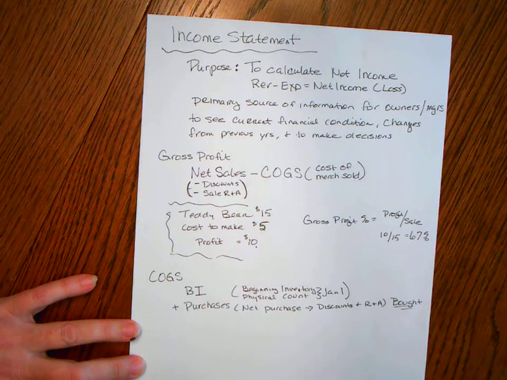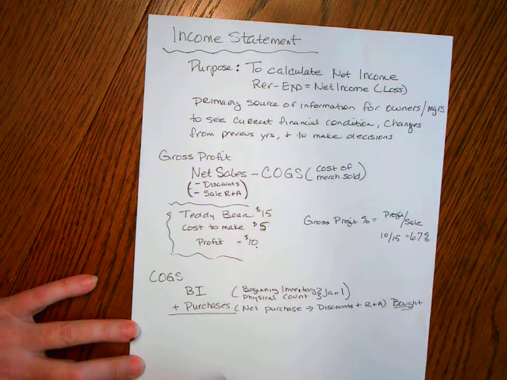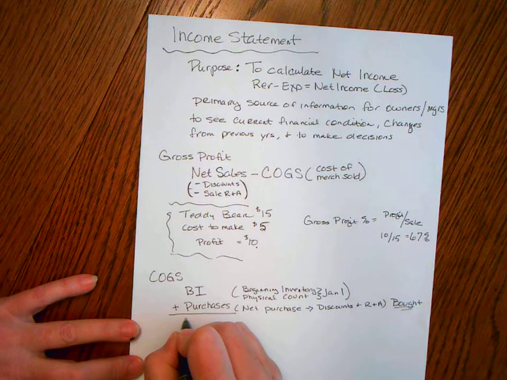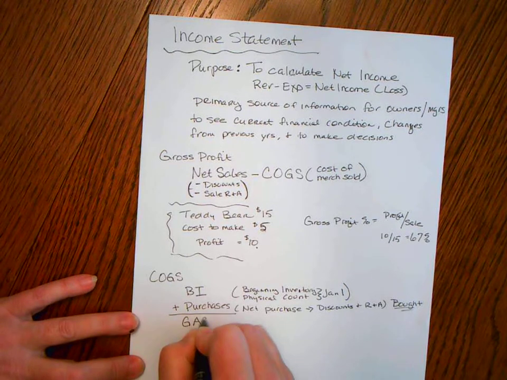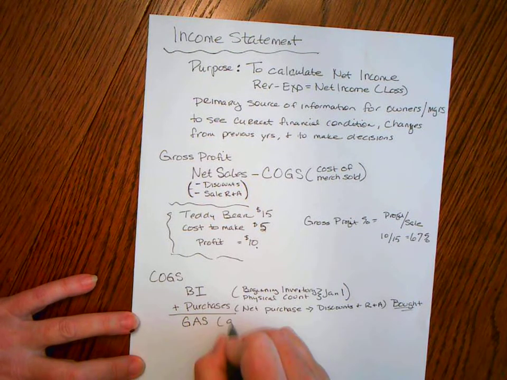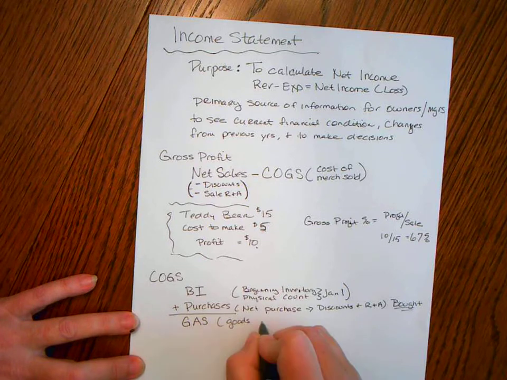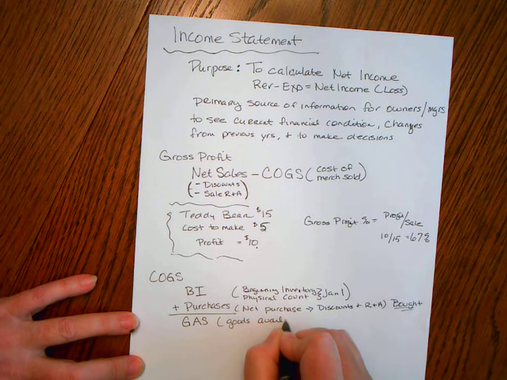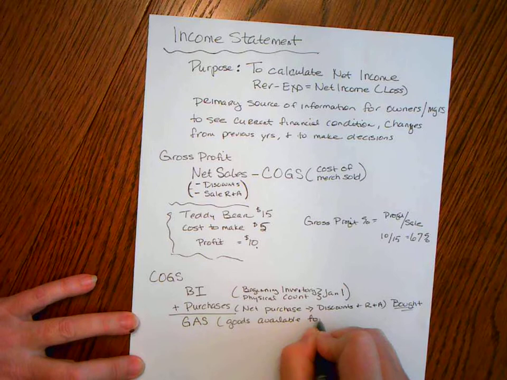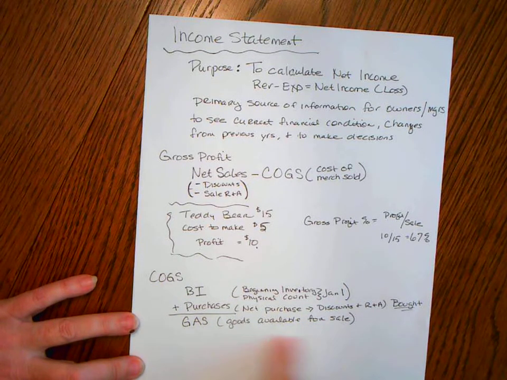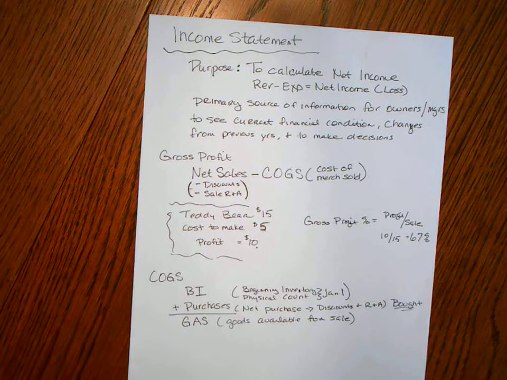All right. Those two things added together are what I like to call GAS, which is goods available for sale. Again, your book will probably say merchandise available for sale. I just like to use these little abbreviations.